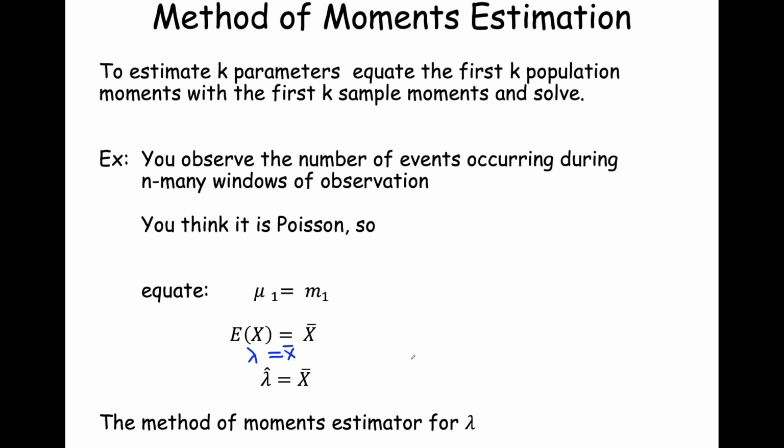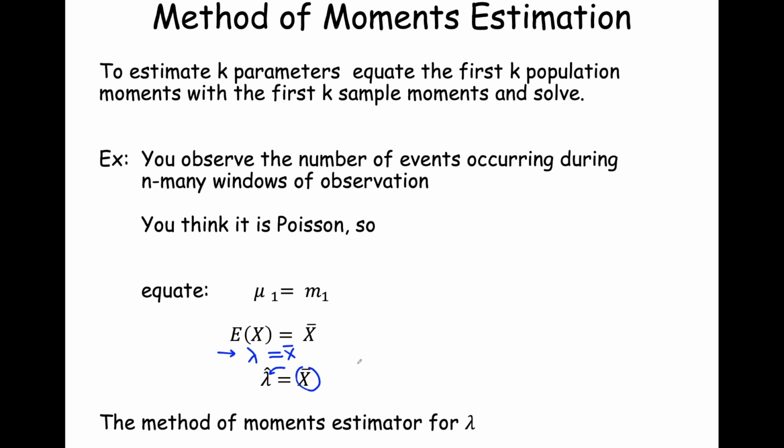If we're going to use it as a replacement, notationally you need to tell your audience that, yes, this is a replacement. So we take this result and put a hat over the population quantity to connote that it is a substitute for lambda. A substitute for lambda is called lambda hat. Lambda is the population parameter. The substitute for lambda is called lambda hat, and this is called the method of moments estimator for lambda.